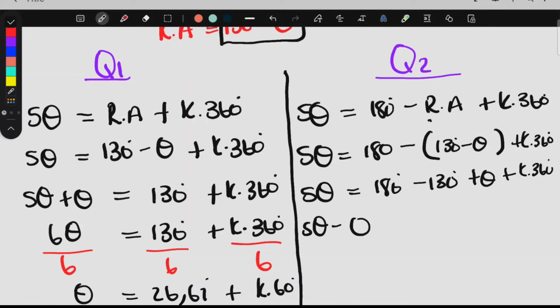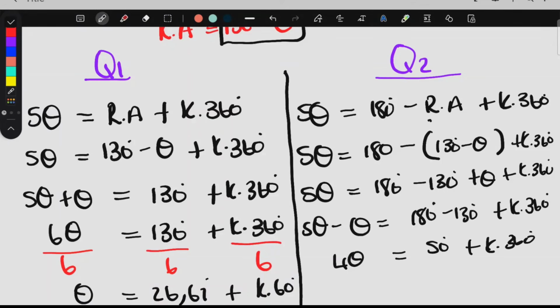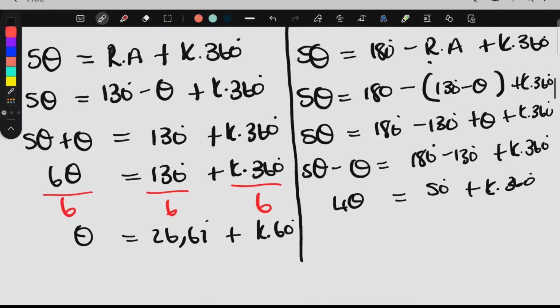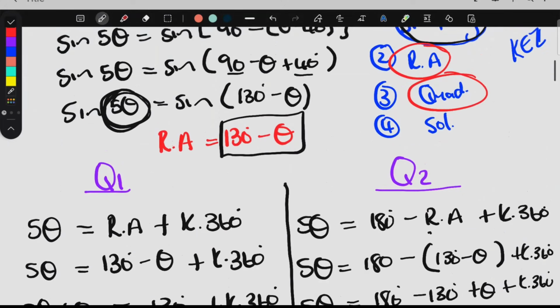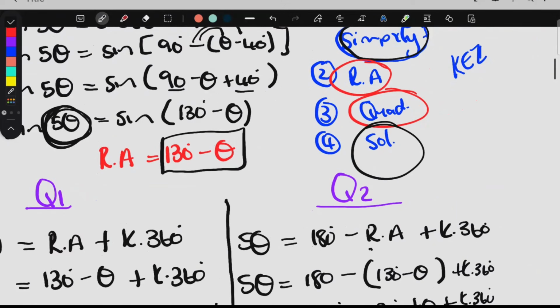So 5 theta minus theta is now this minus this plus k 360. So this is 4 theta is equal to 50 plus k 360. Divide everything by 4. 4 and 4. I get my theta to be 12,5 plus k 90.